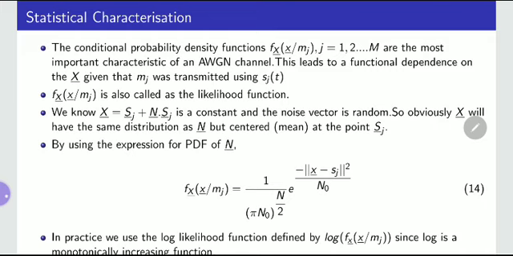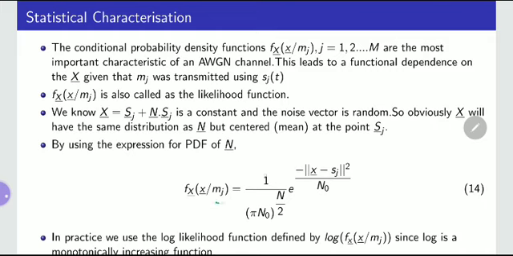We saw this earlier. So by using the PDF of n, I can write the PDF fx of x given mj as 1 by pi n naught whole raised to n by 2. So this we have derived earlier. So our n was having a Gaussian distribution with zero mean. So this likelihood function will have the mean as Sj.